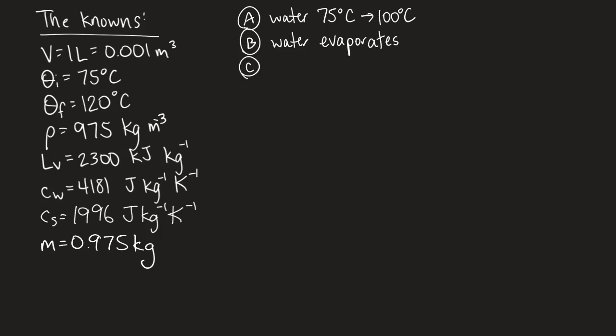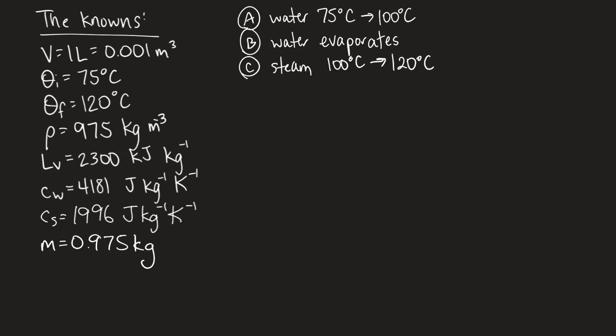And then the steam goes from 100 degrees Celsius to 120 degrees Celsius. And these are the three different calculations that we need to do. So whether you write yourself a little list of what you're doing or whether you use headings or subscripts, completely up to you, but make sure it's really evident to your examiner what you're doing and where you're doing it.